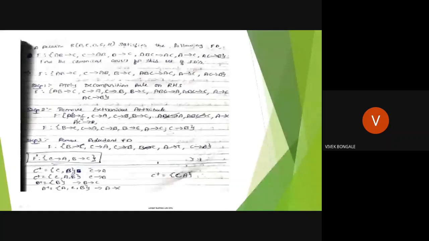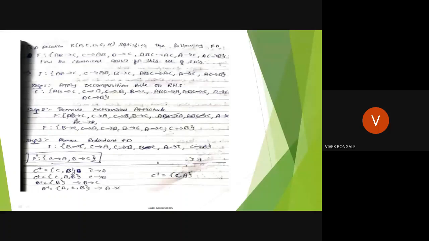I can remove A here. C alone can determine B. Then why do I need the combination AC? So I can remove A here. C determines B. Understood? This part.